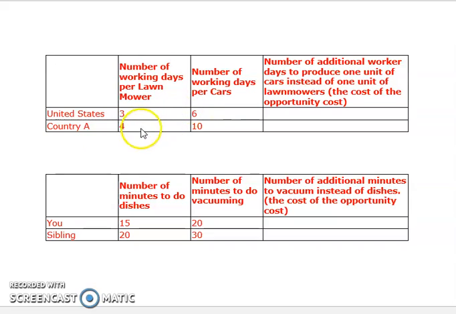They're going to trade. One is going to produce one of these goods, and the other is going to produce the other.